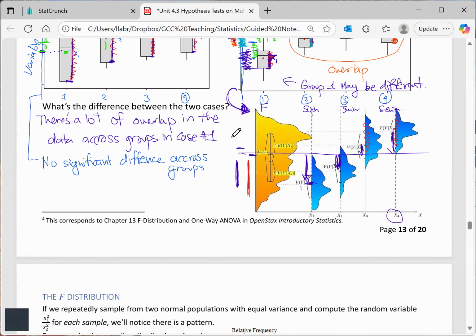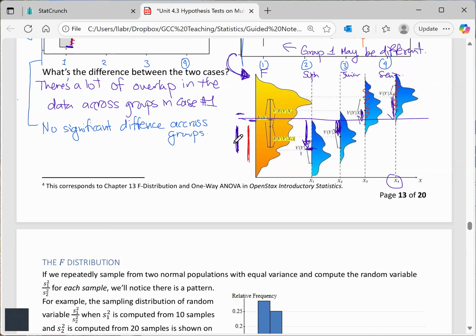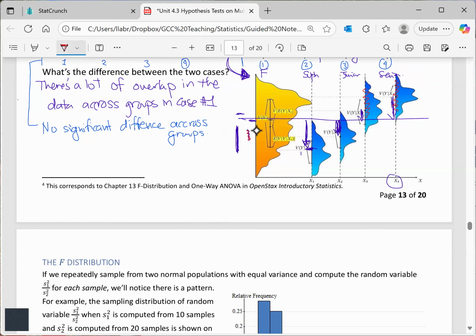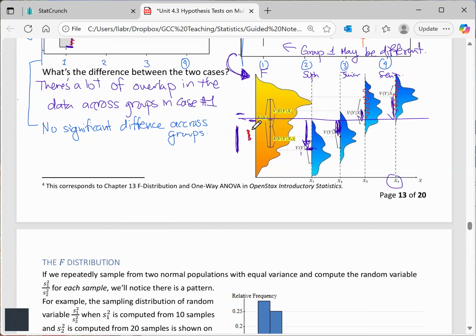Versus this case right here, notice that the ratio is a lot closer. The purple one versus the red one, they're almost close to 1. So you're going to see that if, for example, the variability for different groups was like this, if it was only this long, so if that's the overall variability within the group, and then this is the overall variability across the different groups, then you can see that this variability is much larger than the variability within the groups.